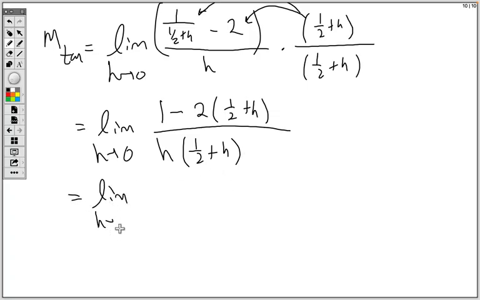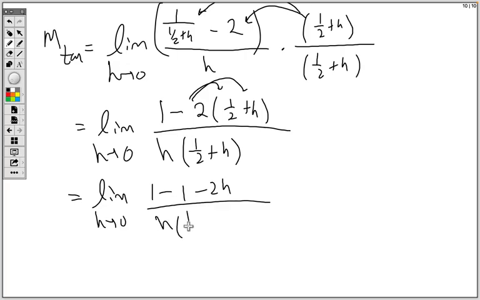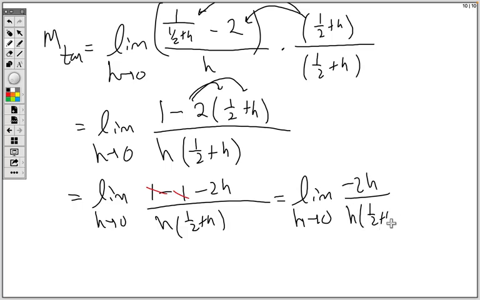So I've got the limit as h goes to 0 of 1 minus 2 times a half is a 1. 2 times the h is a 2h. And so we see in the numerator, these 1's cancel out. We're left with a negative 2h. And in the denominator, we're left with h times 1/2 plus h.